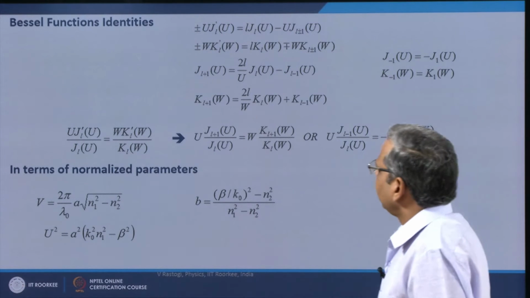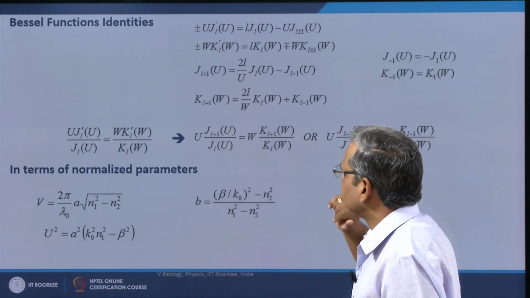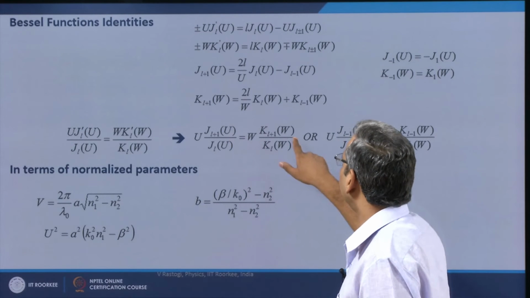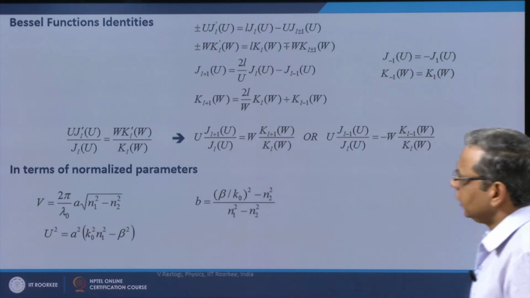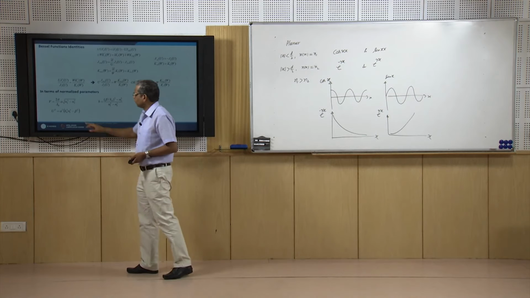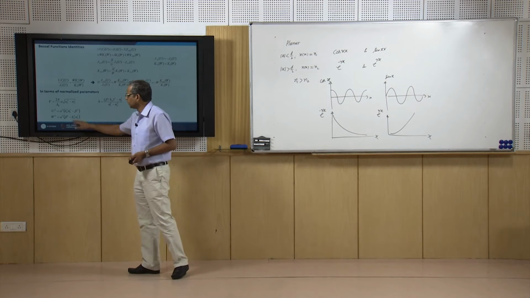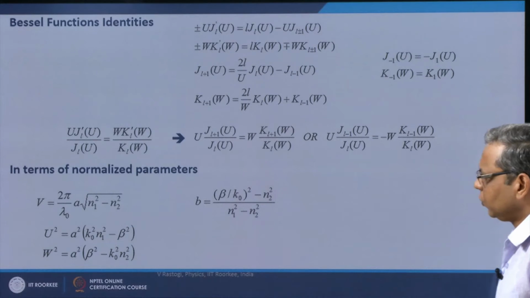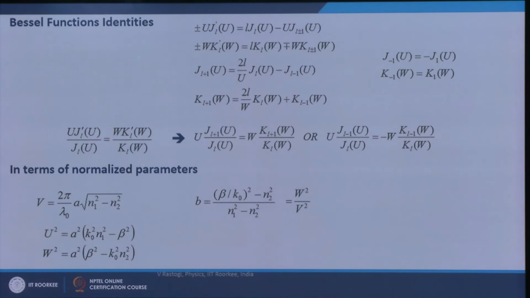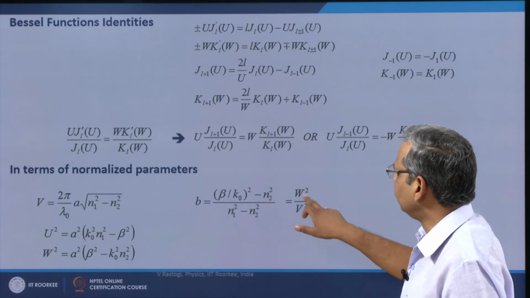And now in order to represent these equations in terms of V and b, I will have to find out U and W in terms of V and b. So what is U? U square is a square times k naught square n1 square minus beta square, and W square is a square times beta square minus k naught square n2 square, which are similar to kappa square and gamma square of planar waveguide. So from here I can immediately see that this b is nothing but W square over V square.